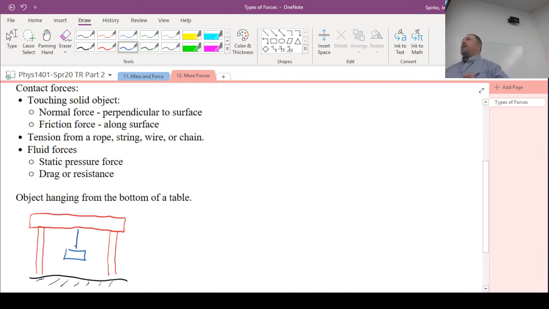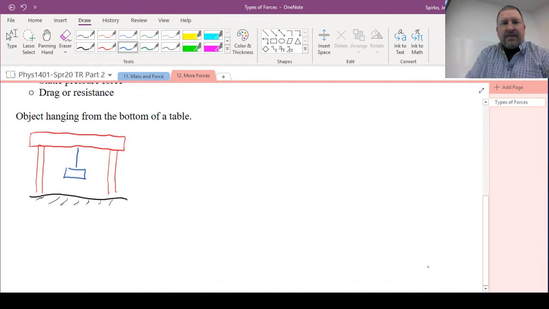So this could be like something hanging from a swing set, or you could have some frame set up with a hanging scale and hang your object from a hanging scale. So this red thing is the framework that holds up some beam, which I'm calling a table, and then the blue object is hanging from it. So I'm going to call this M1, and the table I'm going to call M2.